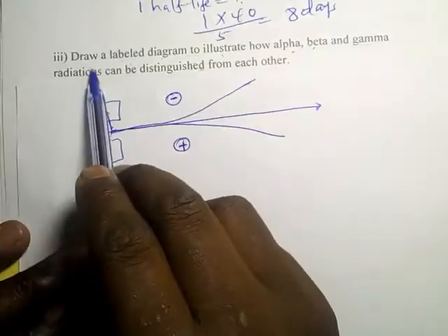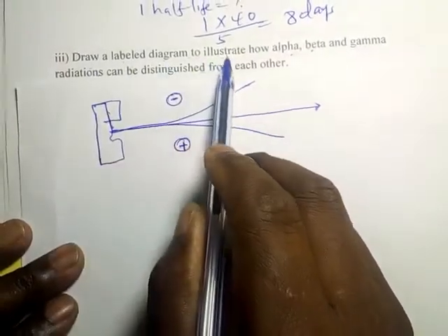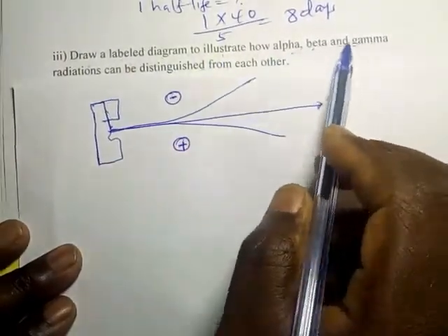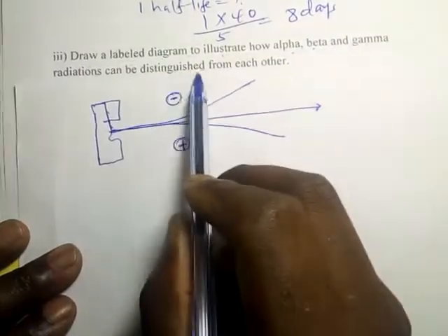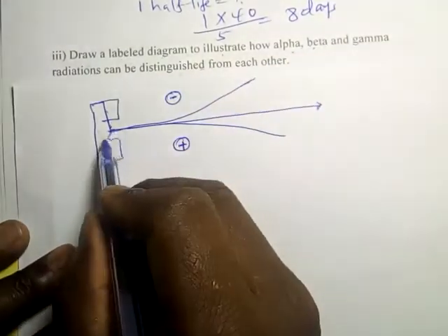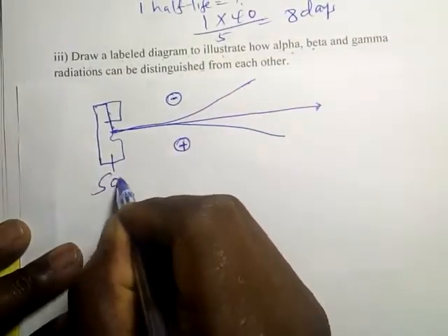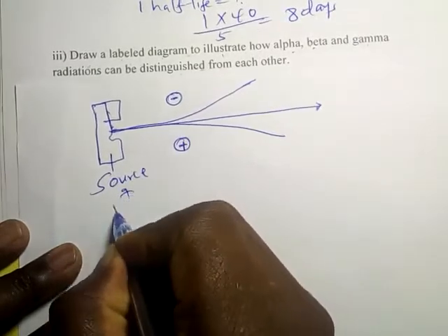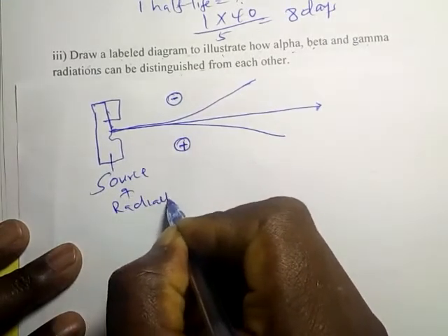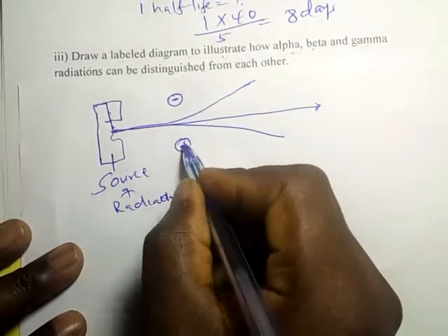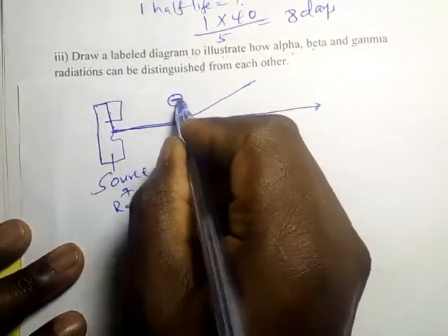Draw a labelled diagram to illustrate how alpha, beta, and gamma radiations can be distinguished from each other. You draw a source of radiations. This plate is positive and this one is negative.